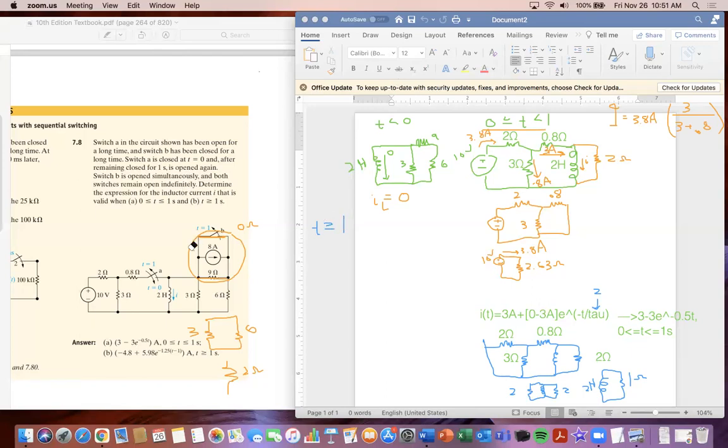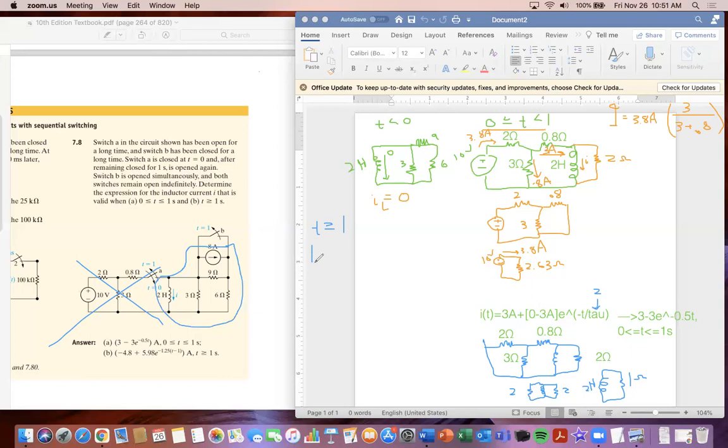Let's look at the left-hand side and let's evaluate. So at 1 second, it's going to open here. So we're no longer concerned with this part. So therefore, the current source is going to impact. So this is what we're looking at as our circuit.